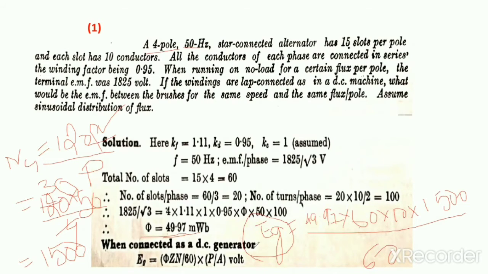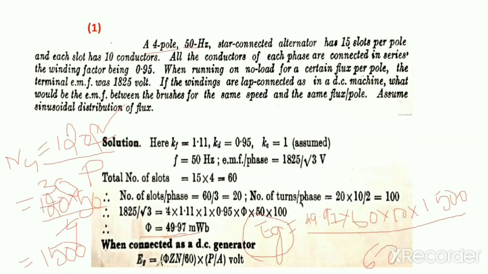EG is equal to phi Zn by 60 into P by A. In the lap winding, A is equal to P, therefore that will be cancelled, and we obtain EG is equal to phi Zn by 60.